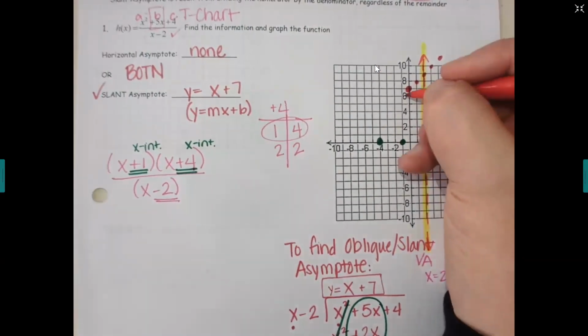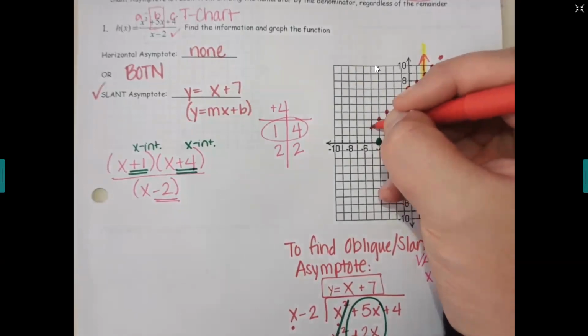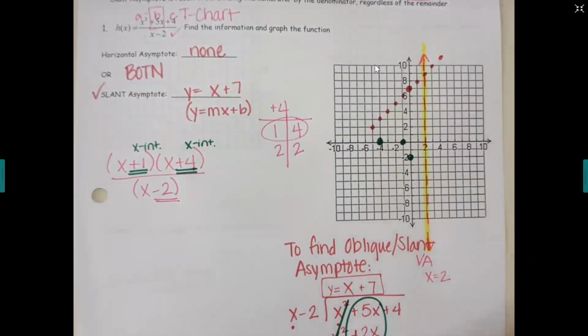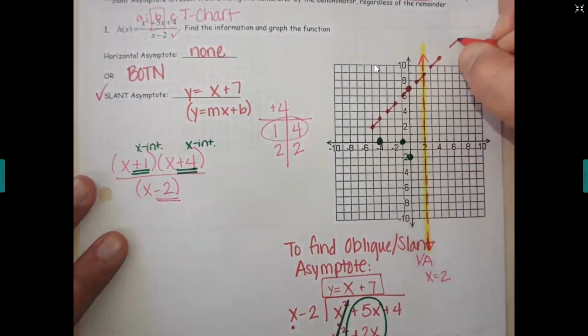I can also extend the line backwards if I want to go this way. But remember, the purpose of that line is that your graph is going to curve off towards it, but it can never cross it. So once I have enough dots, I'm going to draw in that dotted line. Remember, it's an asymptote. So it'll be here, here, here, here, here.